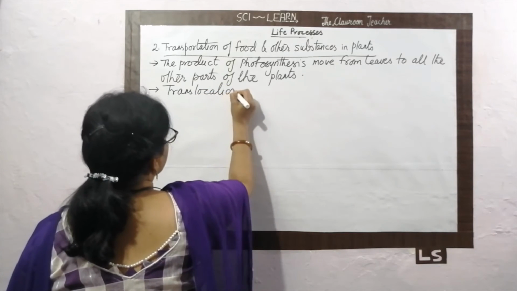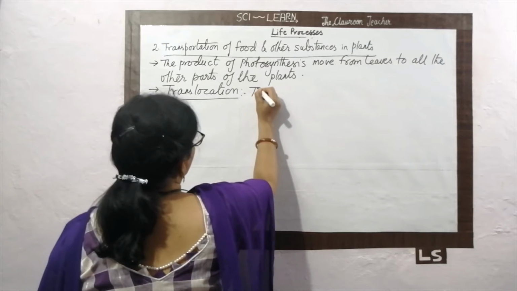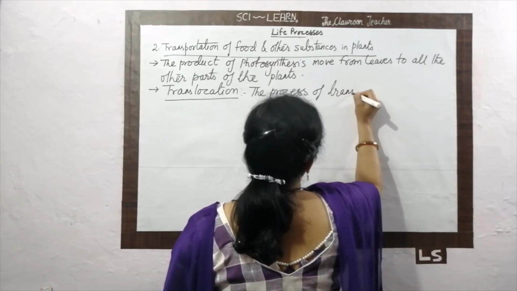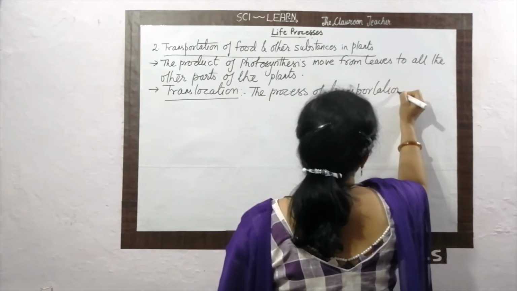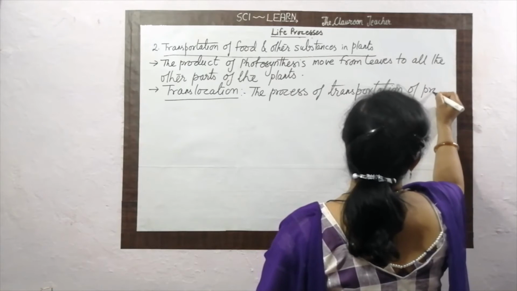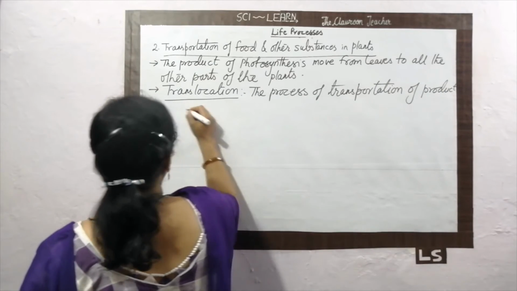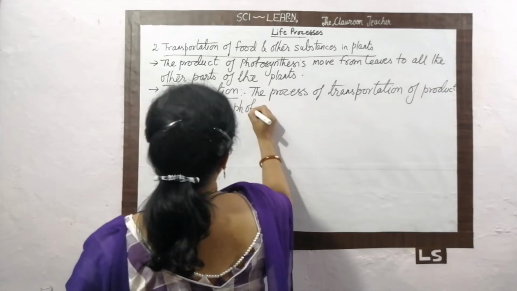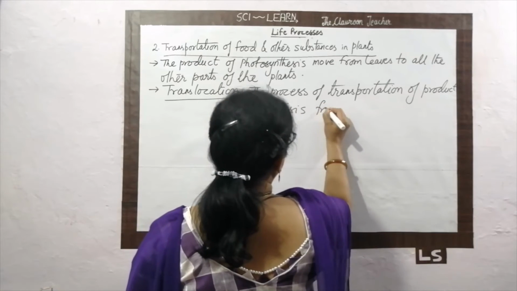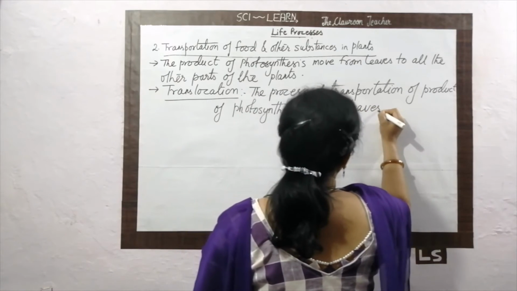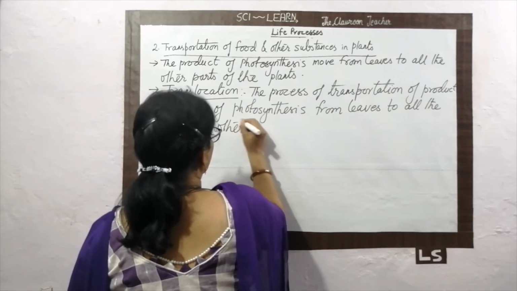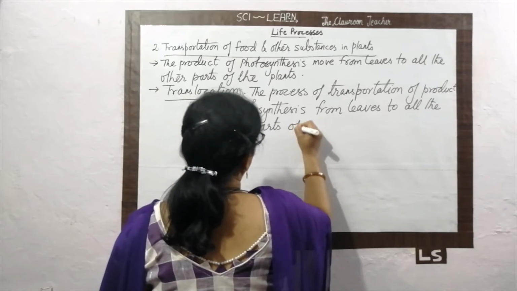Translocation. What is translocation? Translocation is the process of transportation of the product of photosynthesis, that is the food actually, from leaves to all the other parts of the plant.